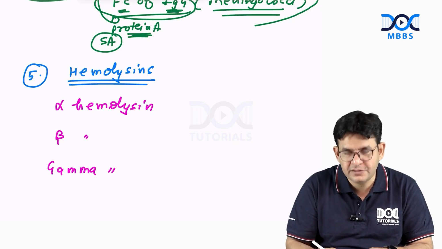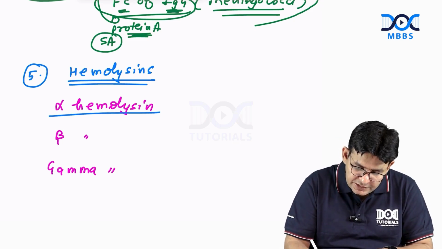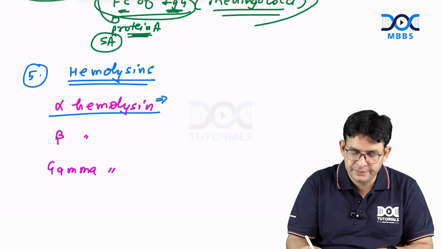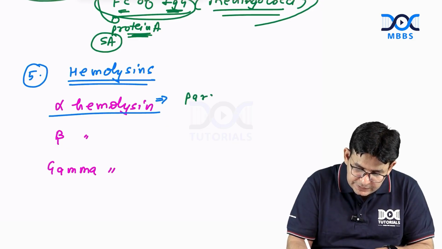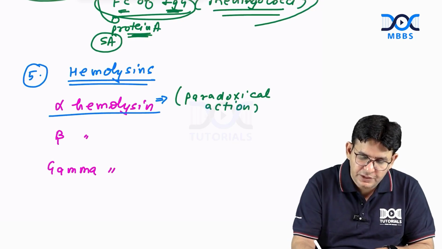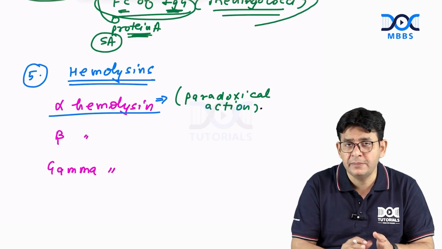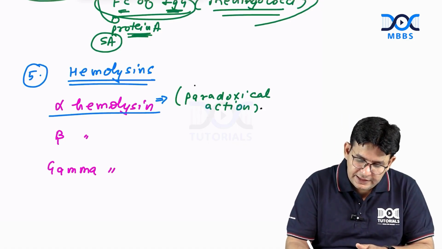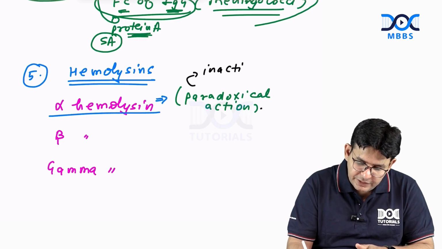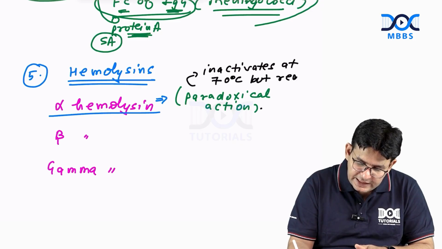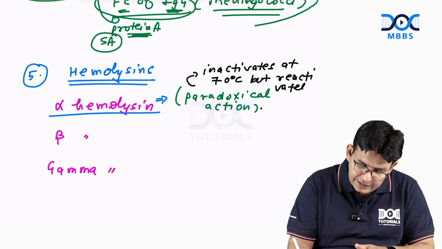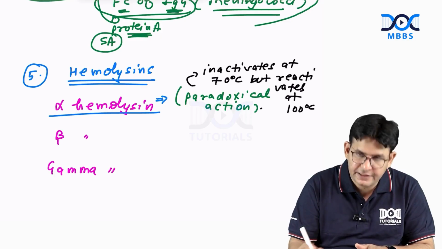Alpha hemolysin means which does the alpha hemolysis. And this alpha hemolysis produces which sort of action? It produces a paradoxical action. And what is this paradoxical action? It is this: the alpha hemolysin activity is inactivated at 70 but reactivates at 100 degrees centigrade.